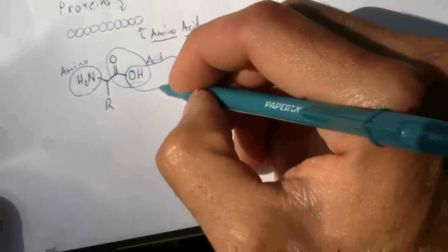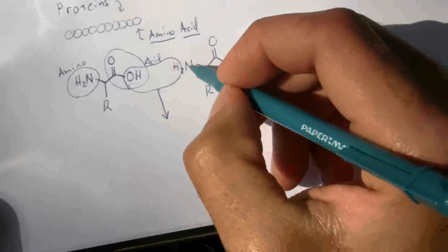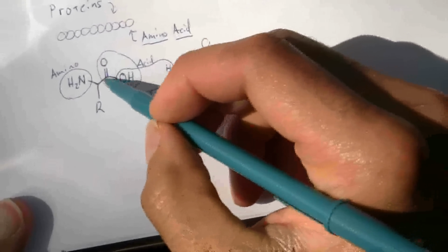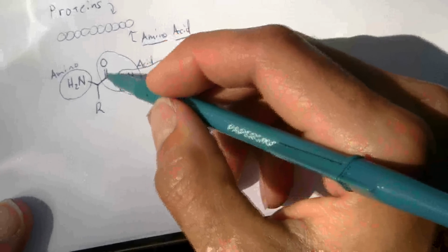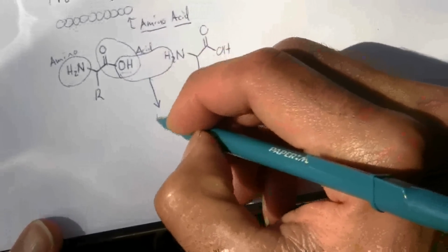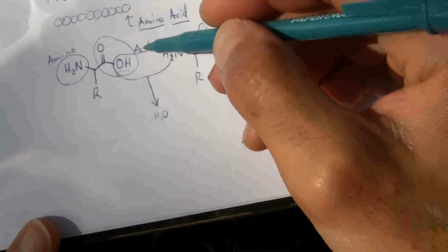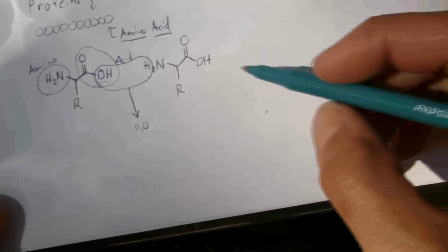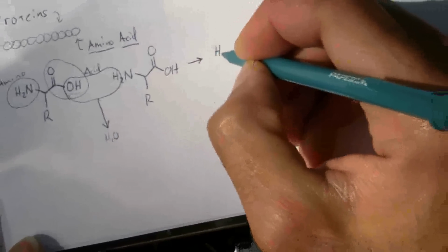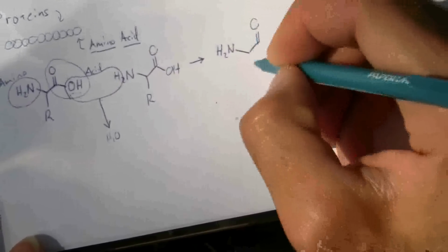So essentially, if we just remove water, we'll hook that nitrogen up to that acid carbon there, or the carbonyl carbon as we call it. So what you end up with is you get rid of this water in what we would call a condensation reaction, because you're forming water, and you end up with a combination of these two amino acids.